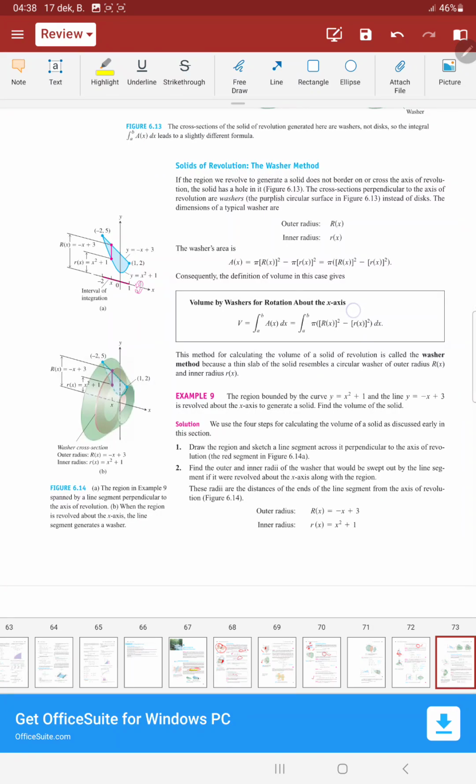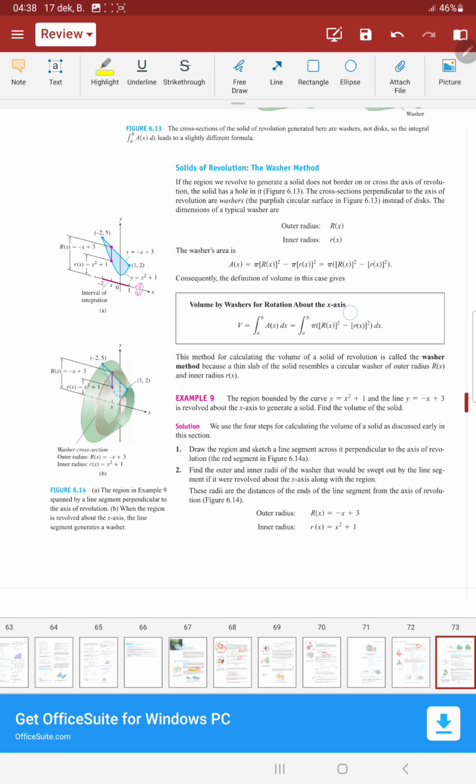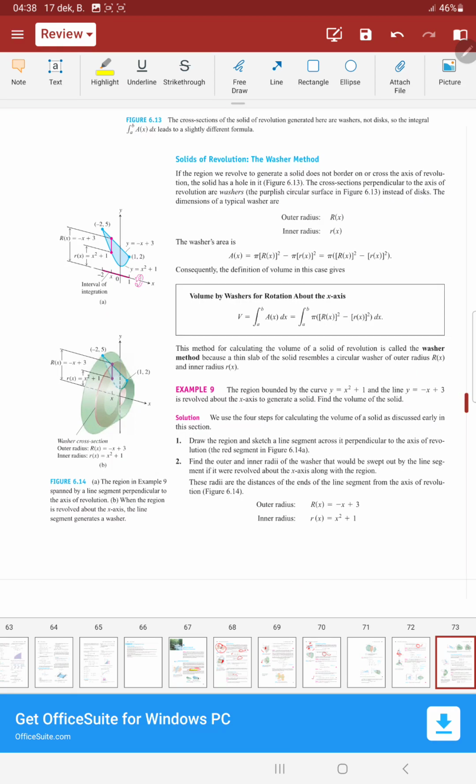Sometimes when you rotate a solid by, let's say, the x-axis, you will have not one radius but two radii.